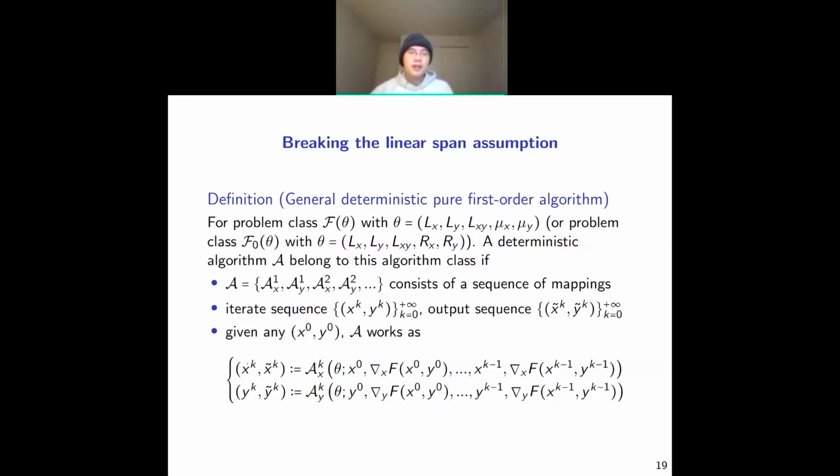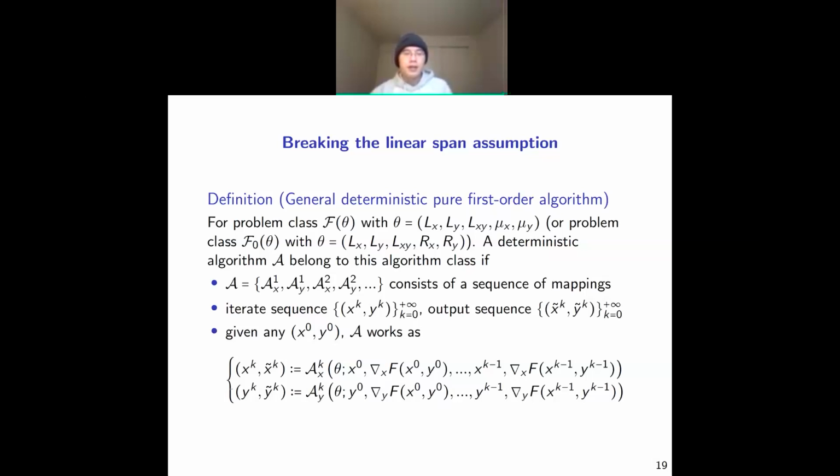Its next iterate and the next output will be generated by this predetermined mapping A of x at iteration k, where your input is your problem parameters and all of your previous iterations and your previous partial gradient with regard to x. And of course, the argument can be some more general point generated by some other mappings, but that will just make the presentation very messy and not necessary.